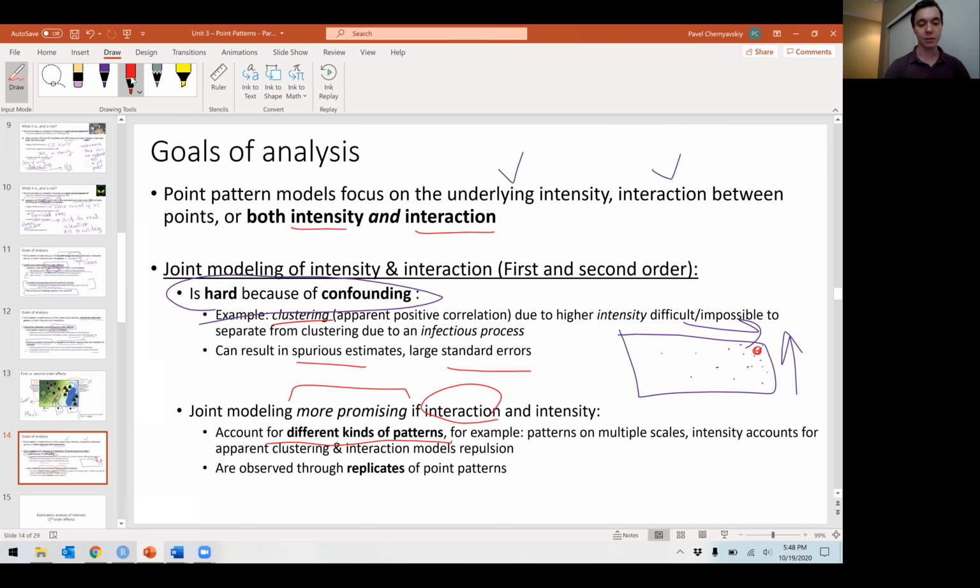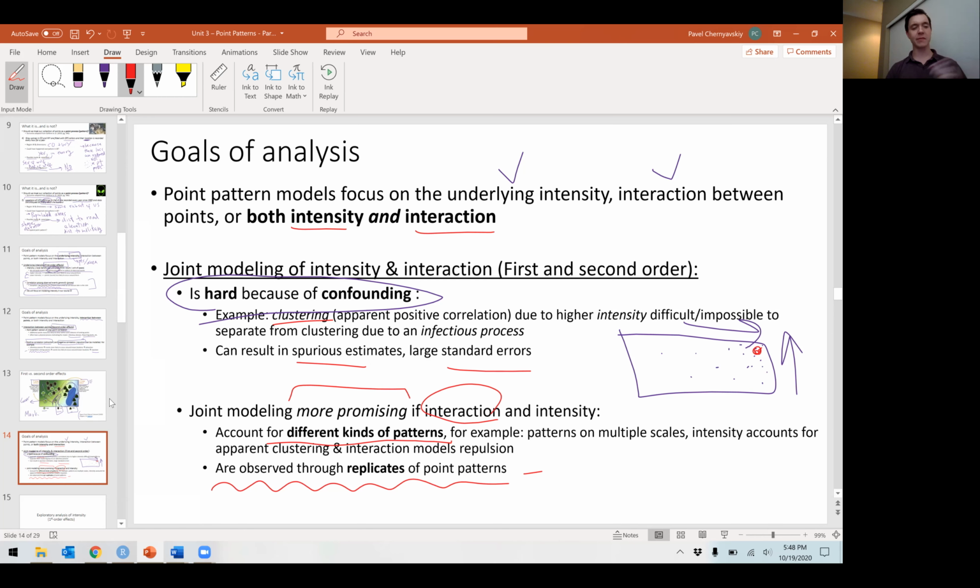It's the clustering that is the problem here. Or it is more promising if you're able to observe replicates, which again, I keep mentioning, but it's still fairly uncommon for us to observe replicates of the entire point pattern. It's expensive to obtain an exhaustive survey of your entire observation window.